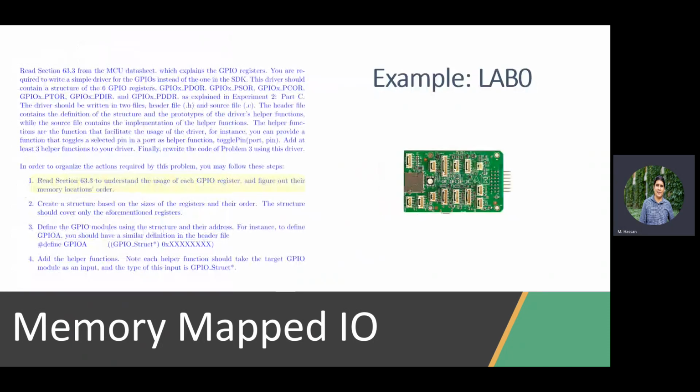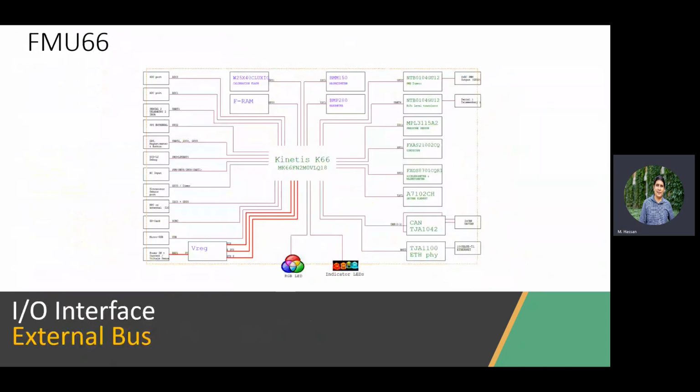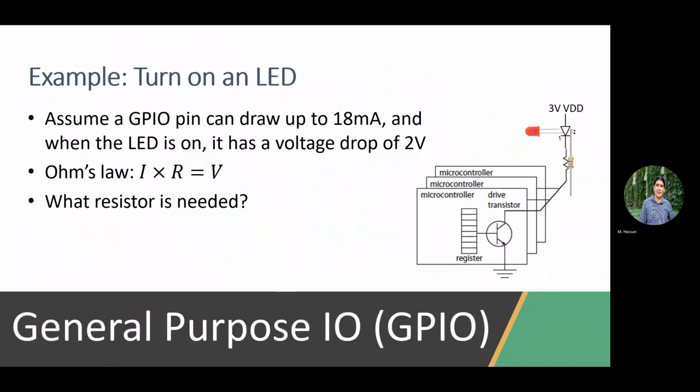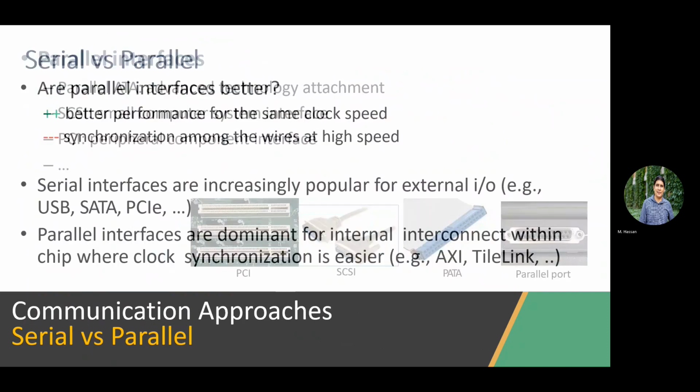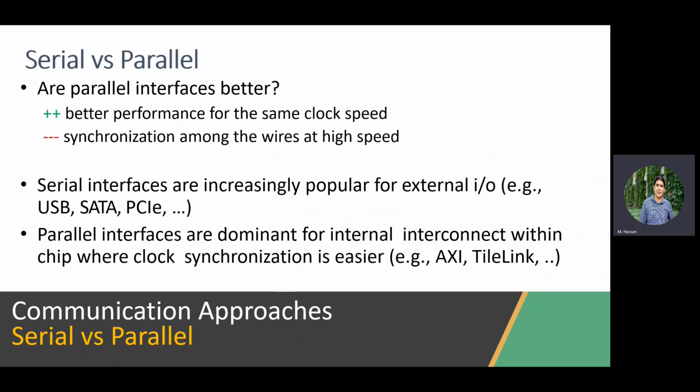And for that reason, parallel protocols, we just go back to the slide we were in. Parallel protocols are dominant in internal connection. So if you think of the most common interconnect protocol used nowadays for systems on a chip, AXI is the one that is winning. And again, as I mentioned, there is TileLink from RISC-V, but both are in fact parallel buses, right? So they are 64-bit wide, or at least they can be even more.